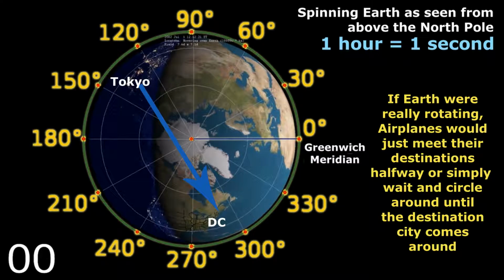If it takes 12 hours, the airplane could meet the city coming towards it in 6 hours of flight, or just wait until the city comes around instead of flying the opposite direction for 12 hours. So it only means that Earth does not rotate and the airplane really has to go from point A to point B and not wait for the city to come, because the Earth is not rotating.